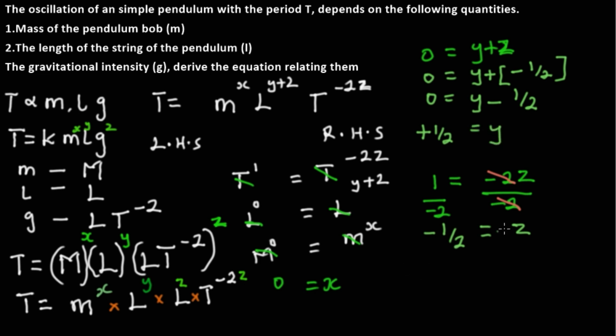Now we've gotten the value for y: y is equal to half, and x is equal to 0, and we also have z is equal to negative 1 over 2.